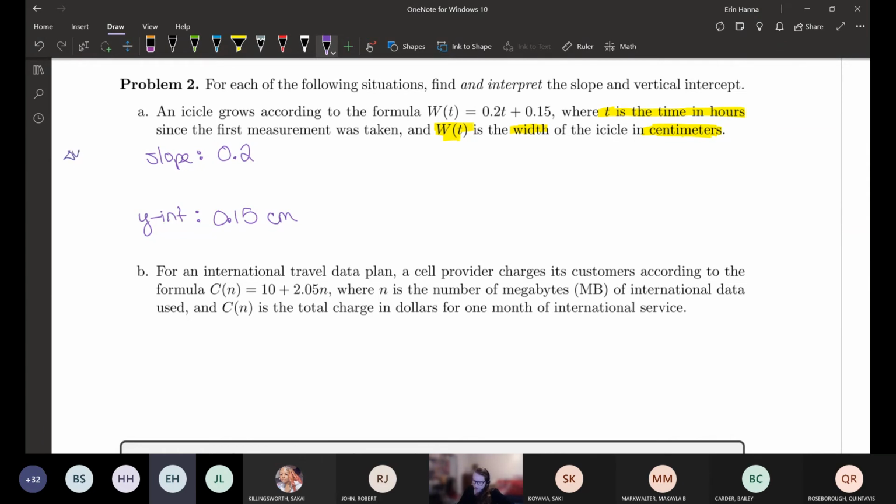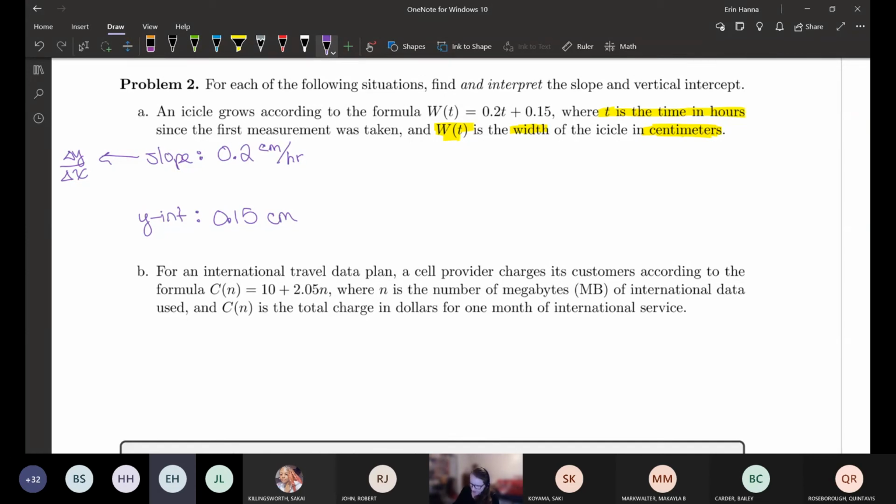Remember the slope is a change in y over change in x, so it has the units of the y values over the units of the x values. The units of the y values are centimeters, and the units of the x values are hours. So this is going to be in centimeters per hour. Just take the units of the corresponding variables.